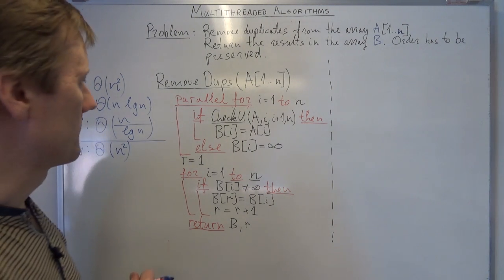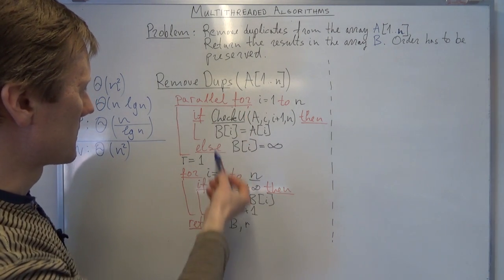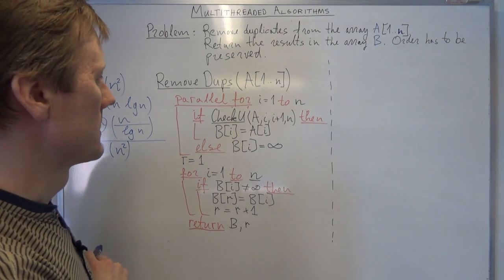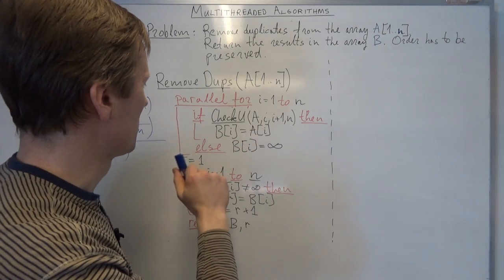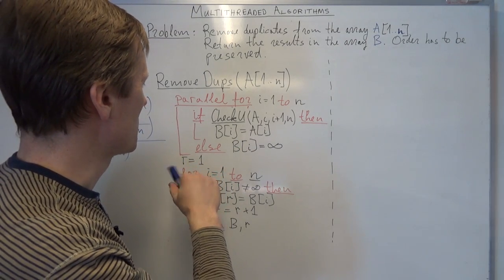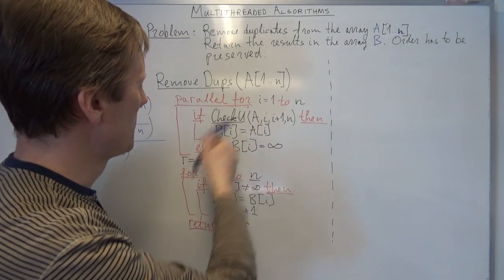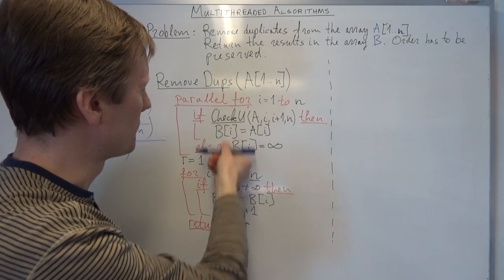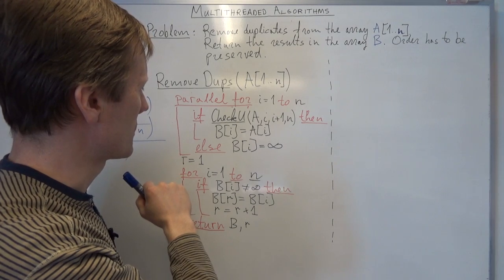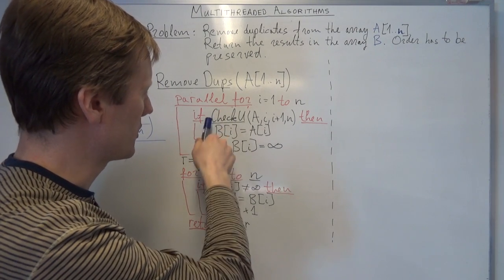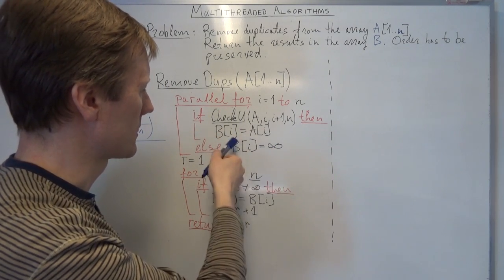How about the span? First, let's analyze the span of this part. So the span of the parallel for loop is log n plus the span of one of these iterations, and the span of one iteration is log n plus some constant stuff.